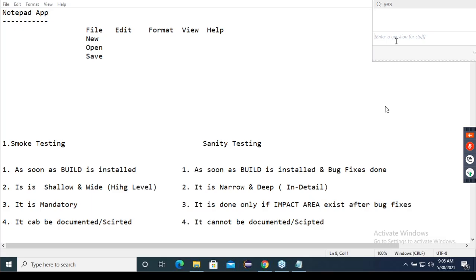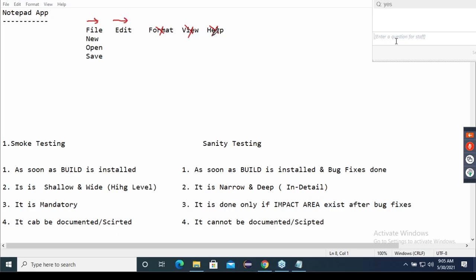Only two features here I will call, that is nothing but file, which I am going to test because it is a basic or critical feature. Edit also I am going to test. I will not touch format, view, or help. Tell me why. Only two features.